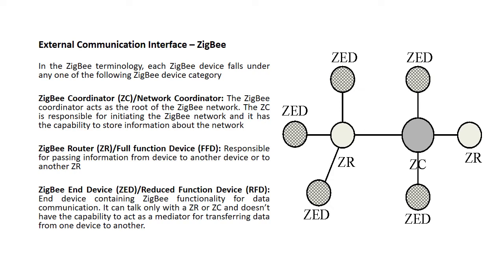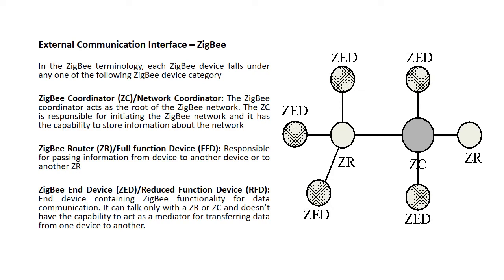ZigBee coordinator ZC is also called the network coordinator. The ZigBee coordinator acts as the root of the ZigBee network. It is responsible for initiating the ZigBee network, and it has the capability to store information about the network.